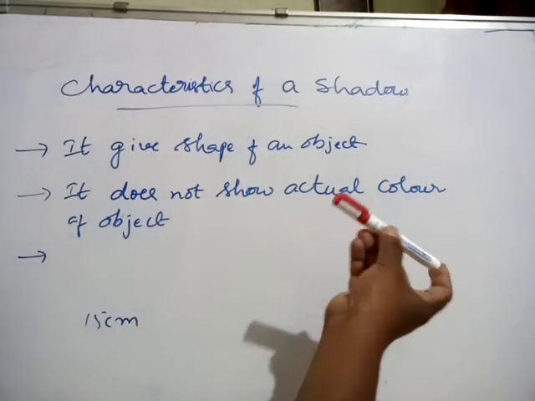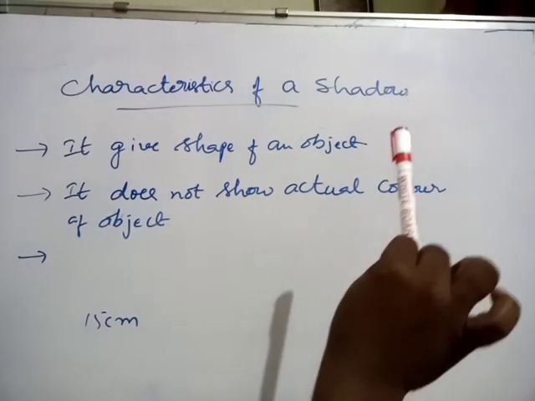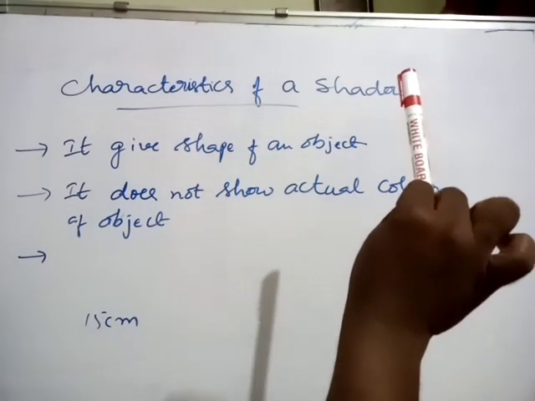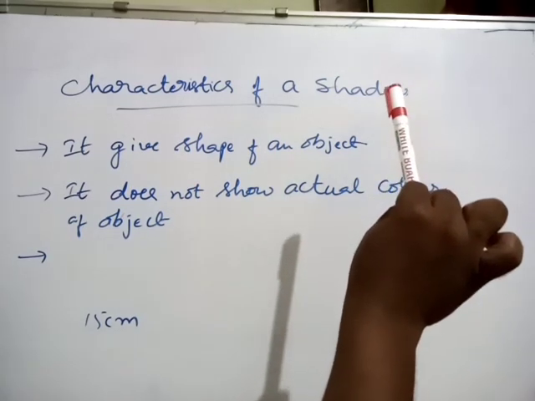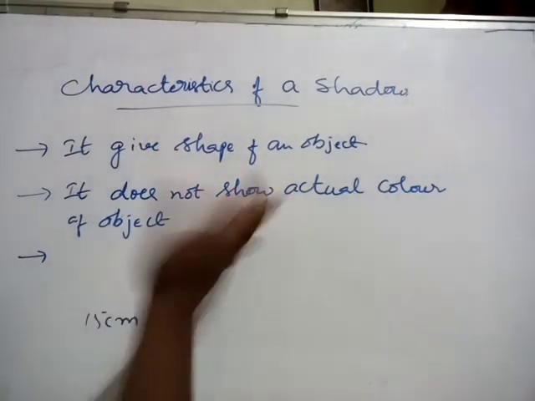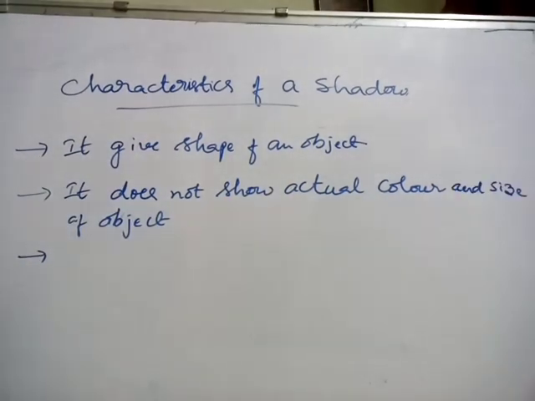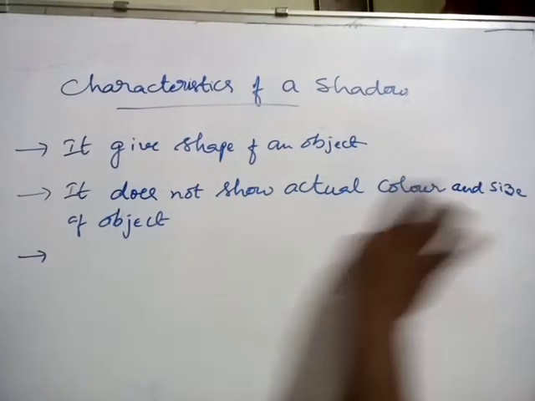But see here on the screen, this much length, nearly 25 centimeter is showing on the screen. Is it or not? So the actual size of the object also it doesn't give information. So I add here one point, it doesn't show actual color and size of the object.